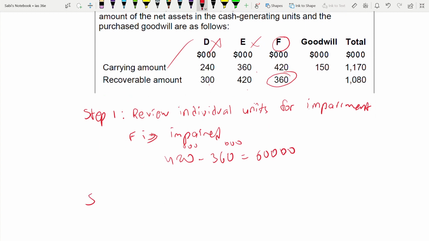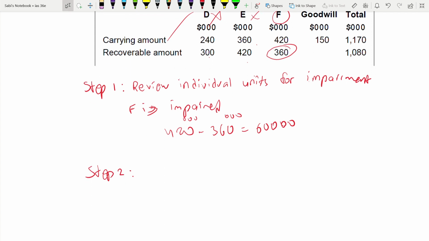Step 2. You need to compare the carrying amount of the business as a whole, including the goodwill, with its recoverable amount. Okay, I'll write it down for you. These are very important steps.